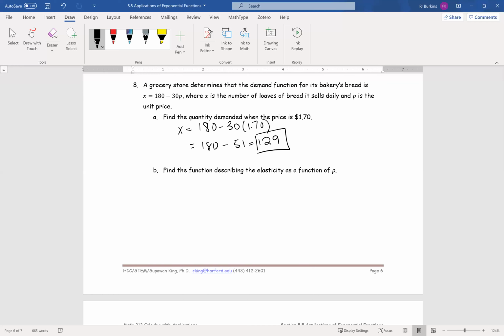Part B asks for a function describing the elasticity, but they want it as a function of p. So let's write out elasticity again: minus 1 over x, d of x over d prime. So recall that p is equal to d of x.